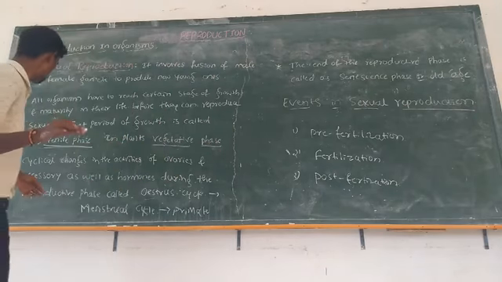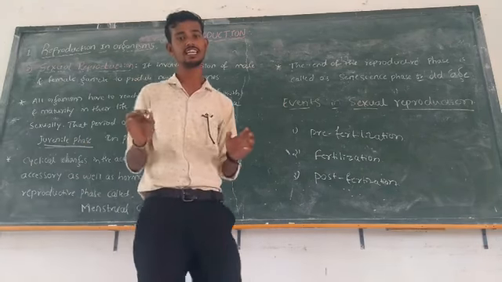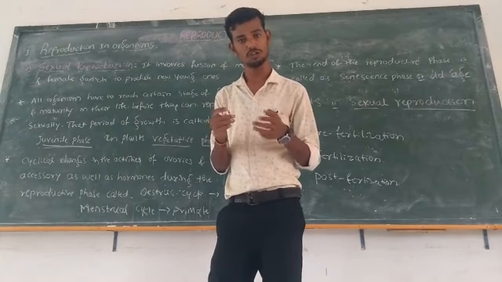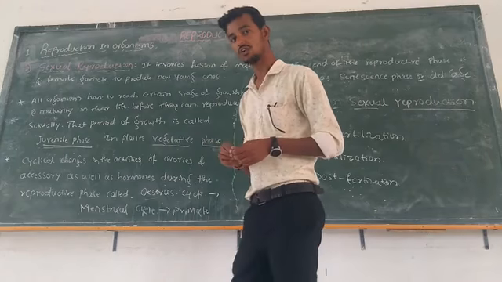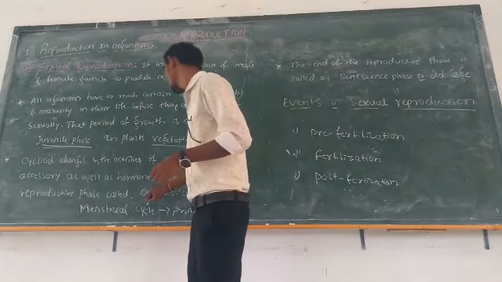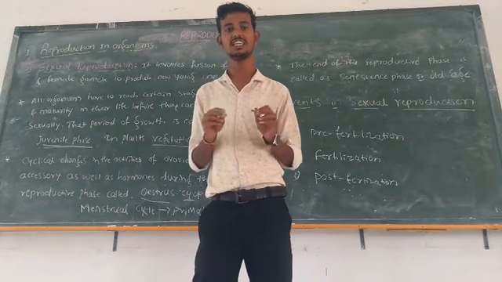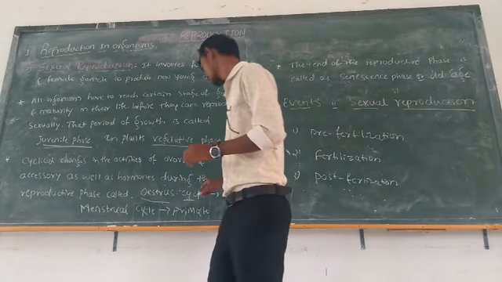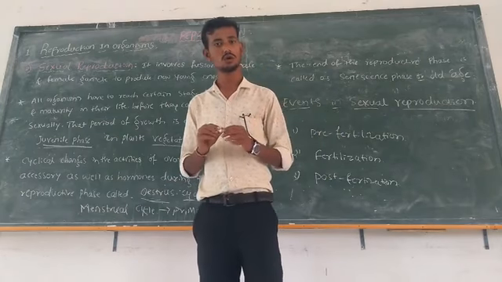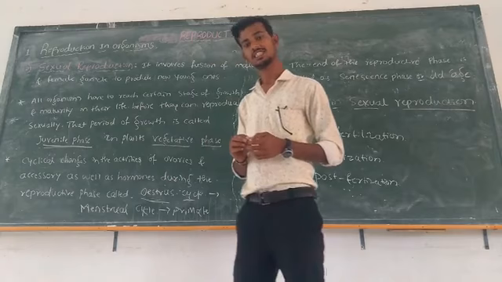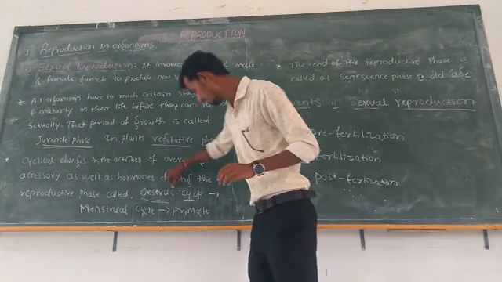The next point is that organisms have cyclical changes during the reproductive phase, only in the female body, called the estrous cycle. The estrous cycle is seen only in non-primates, like cat, cow, dog, etc. These animals have only the estrous cycle.